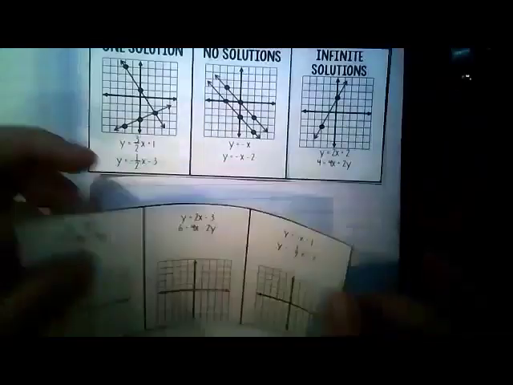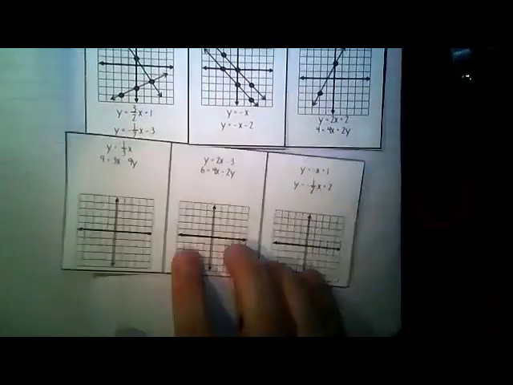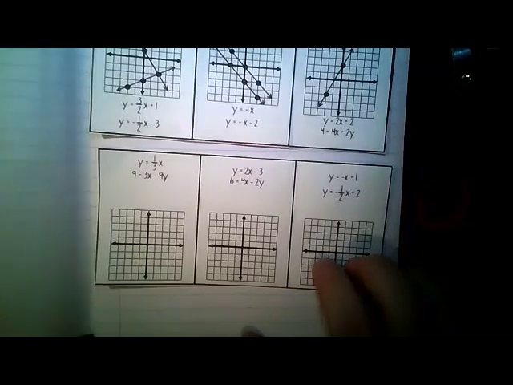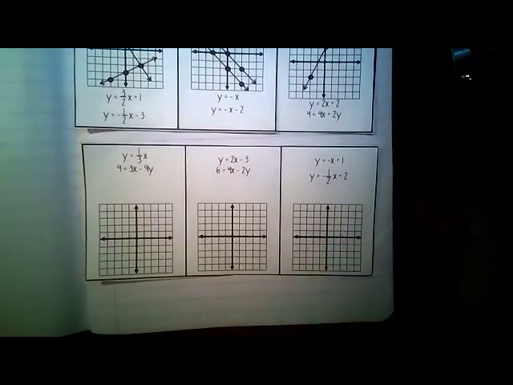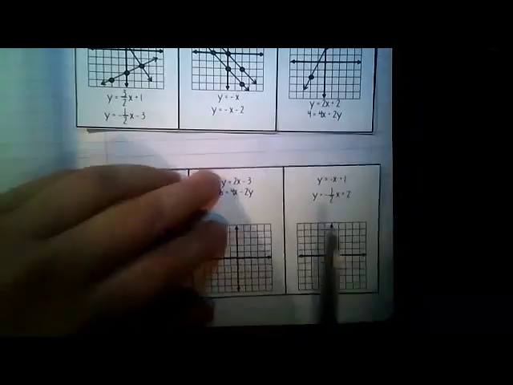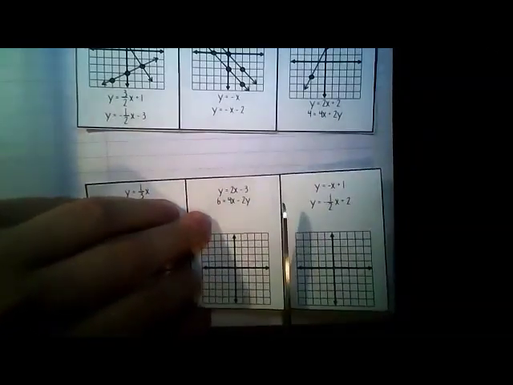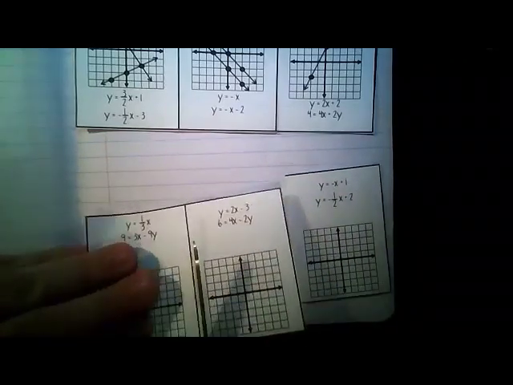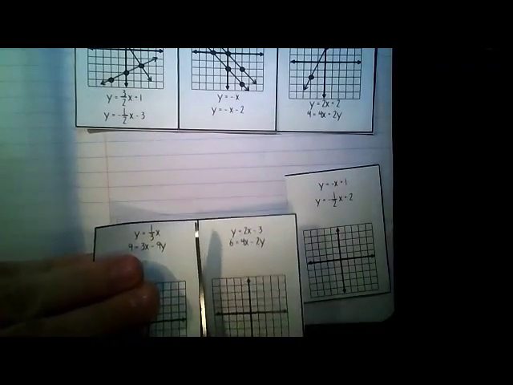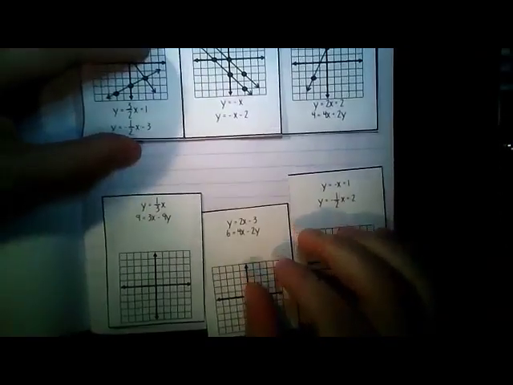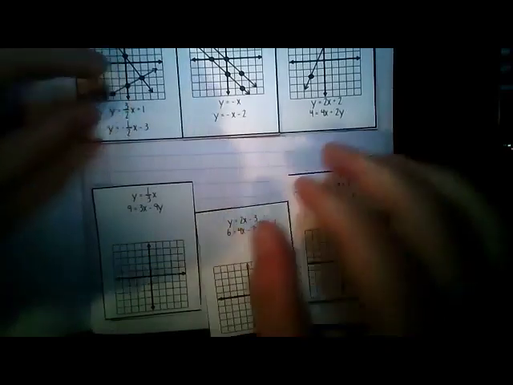Now, what you haven't worked with yet are these three bottom equations here. Okay. Your task is to cut these apart. Okay. And once they're cut apart, you're going to place them underneath wherever they follow.